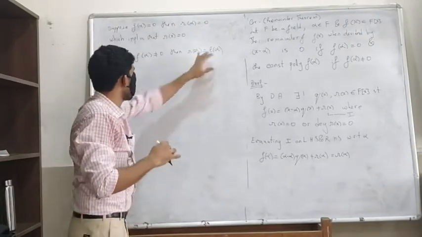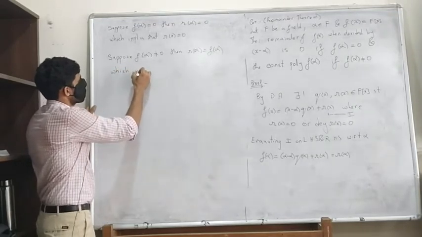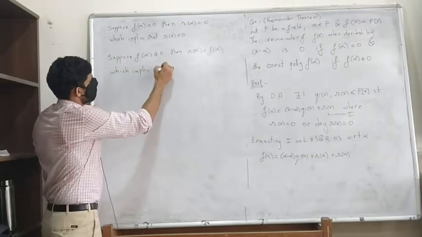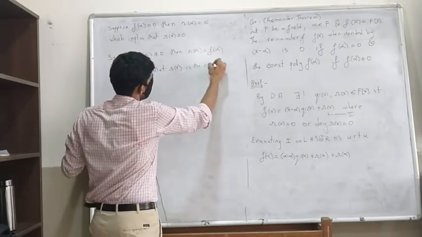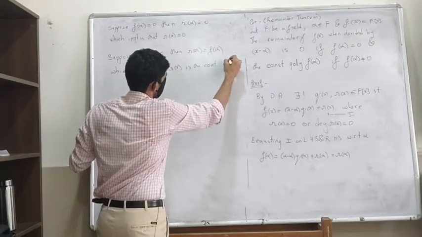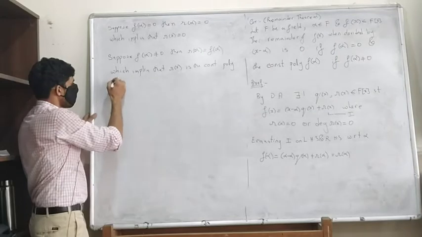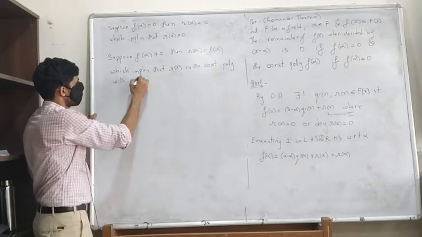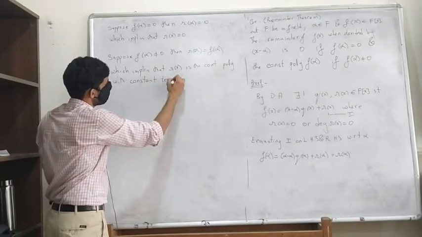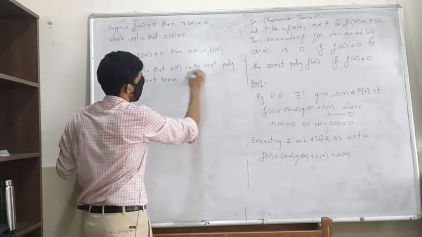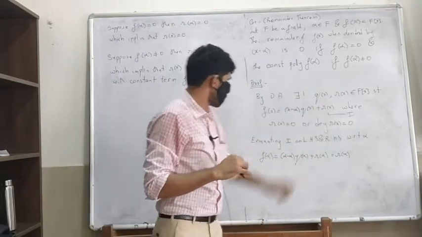Okay. So therefore, this is equal to this, which implies that R of x is the constant polynomial with constant term, the 0th term, f of alpha. That's exactly what you get. So that's the remainder.